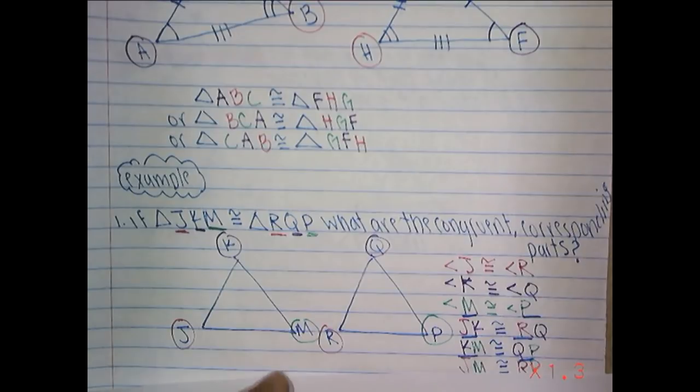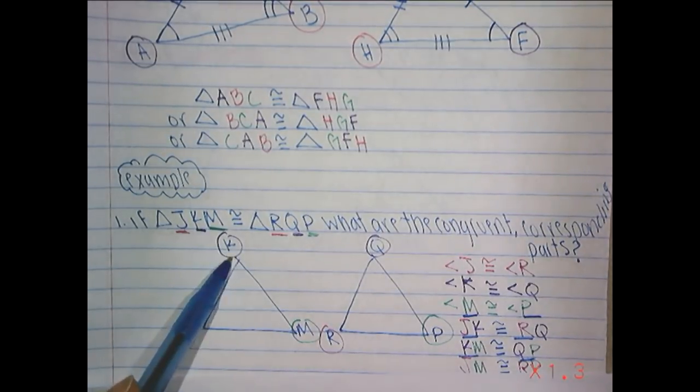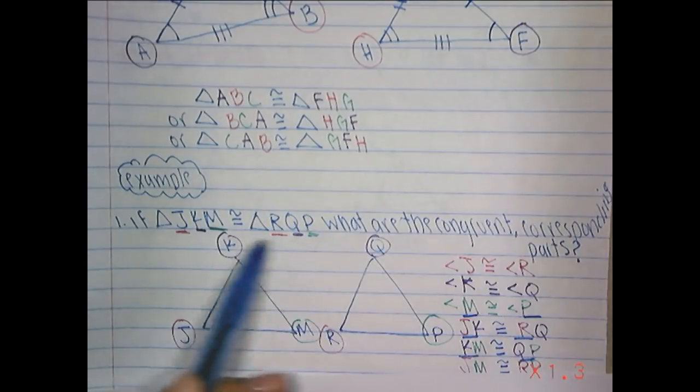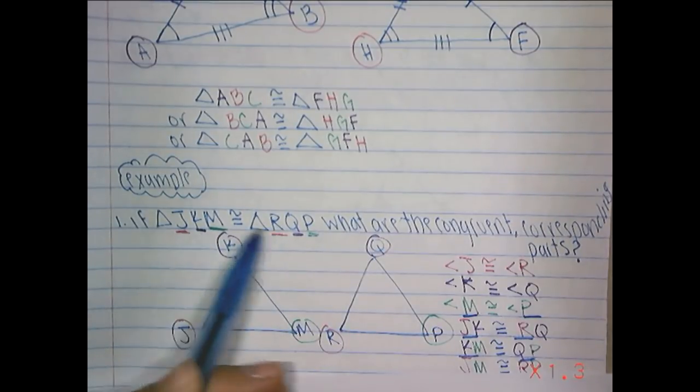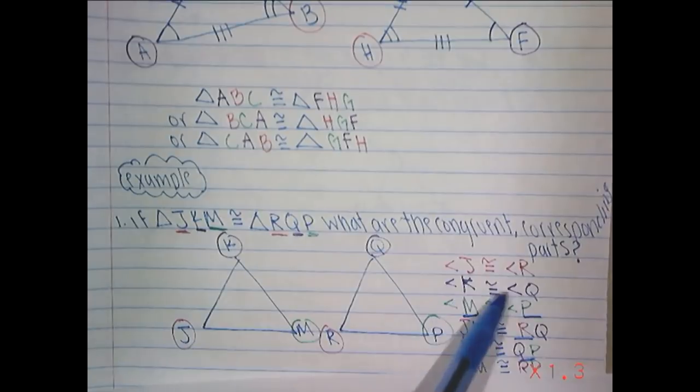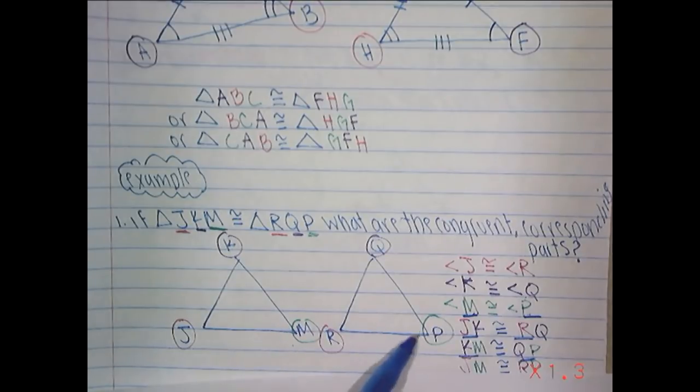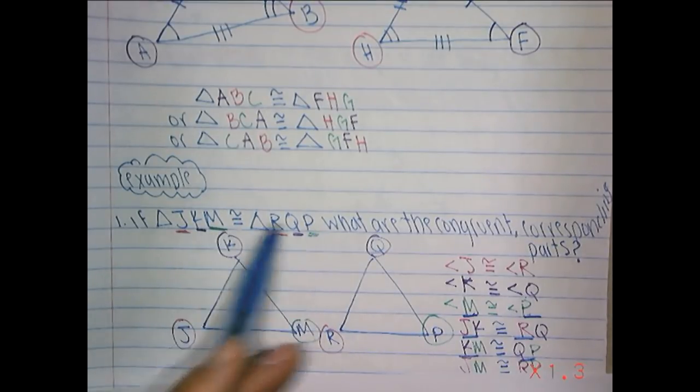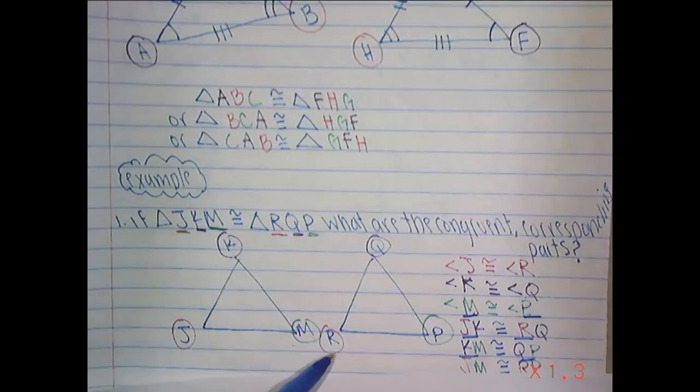Then angle K is circled in purple, and because it's second, it would be congruent to angle Q. And angles M and P are also congruent because they're circled in green and they're the third one.